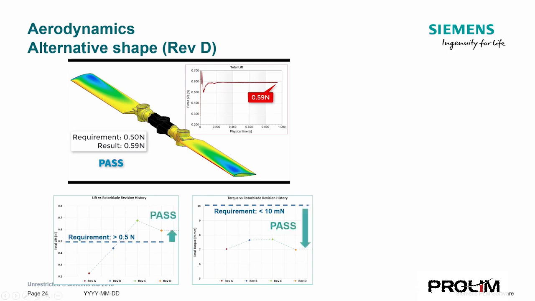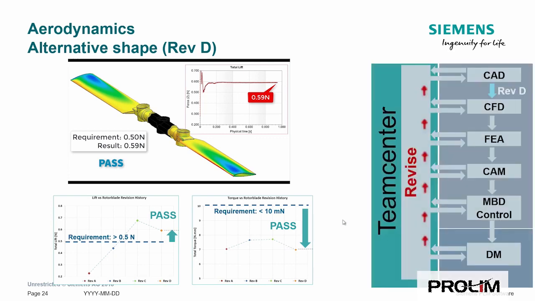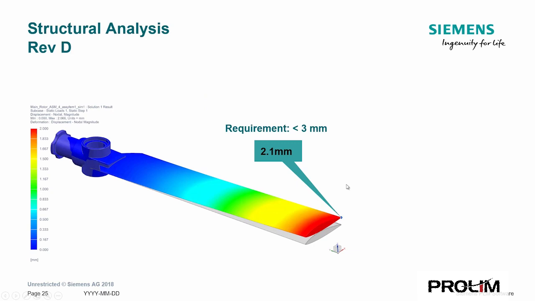And what you also see is that even though the lift is a little bit lower, the total required torque will also be a little bit lower because we have lower drag as well. So the CFD requirement is passed, and redoing the finite element analysis will reveal that yes, the thicker profile is very effective in meeting the requirement on the blade tip deflection.